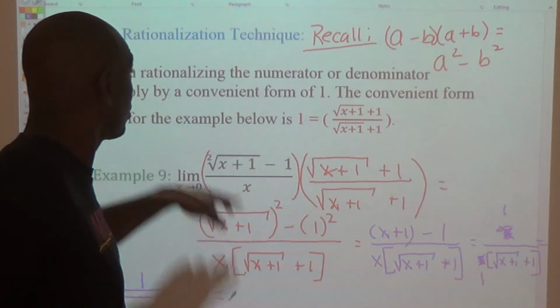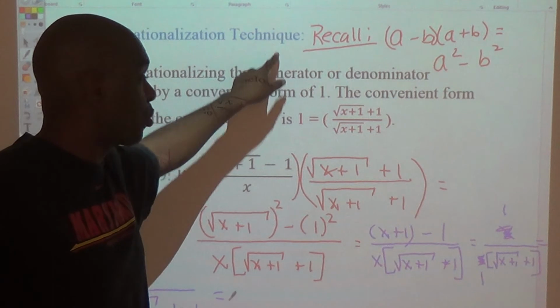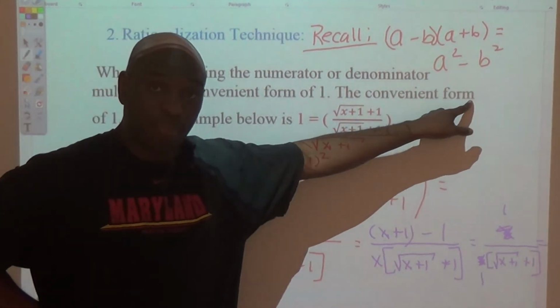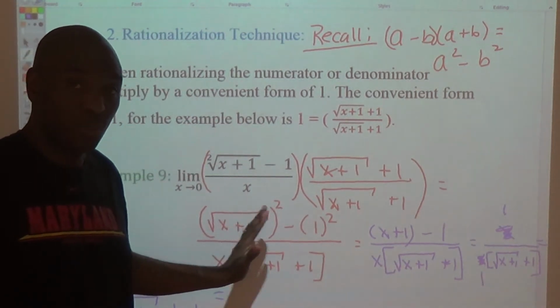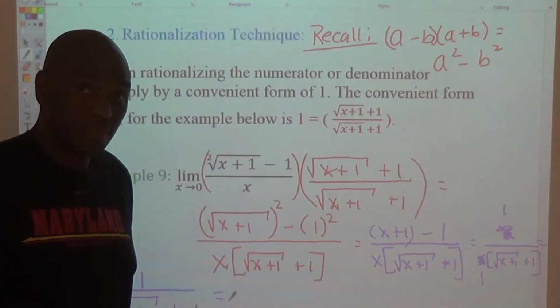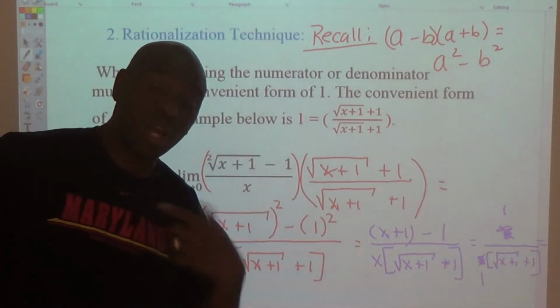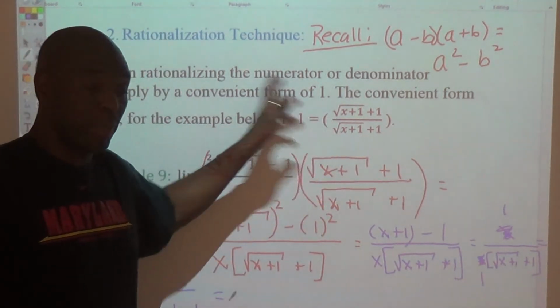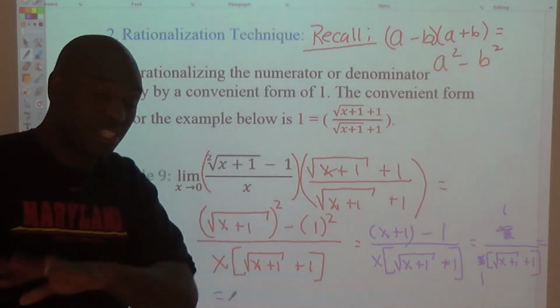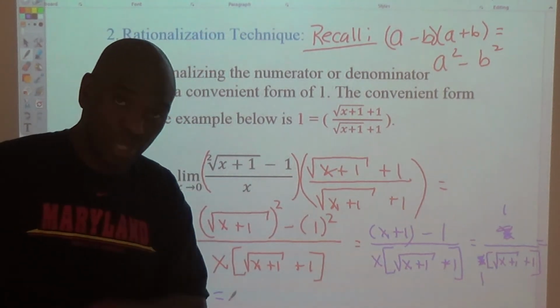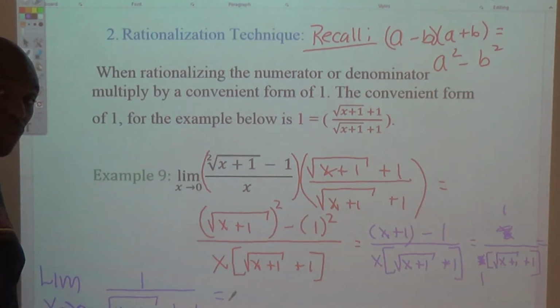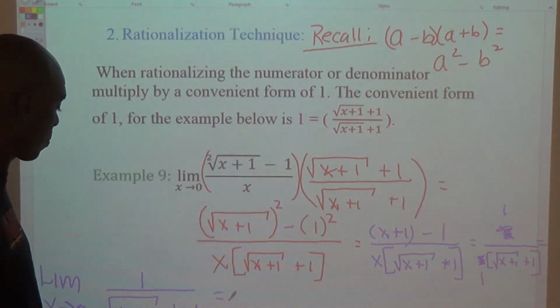The technique was rationalization, multiplying by 1, writing it in a what? Convenient form. We did that. We multiplied by 1. And at the end, after you rationalize, after you've gotten rid of the radical in my numerator, rationalization's over, now go back to direct substitution. So now plug in 0 for x.